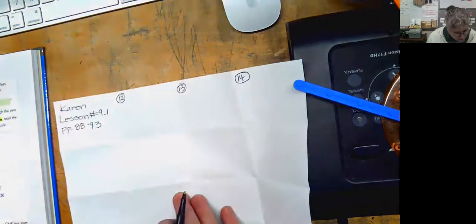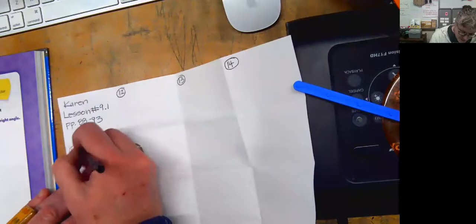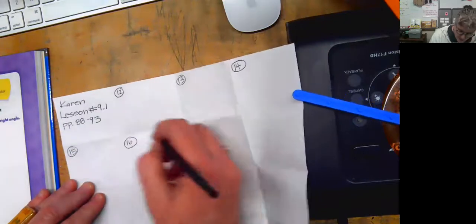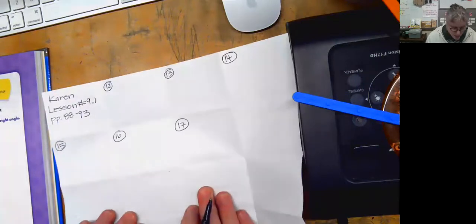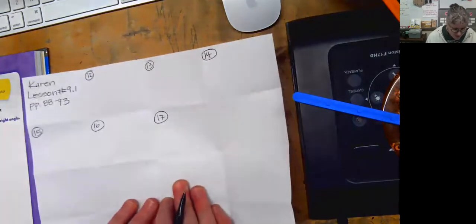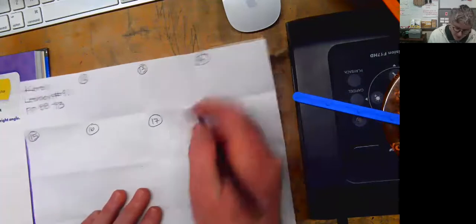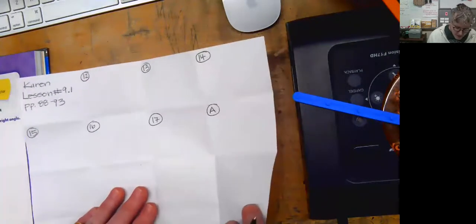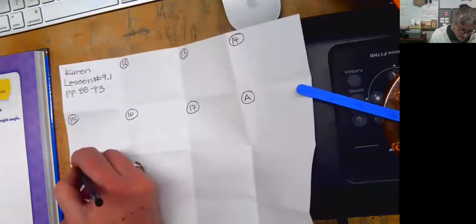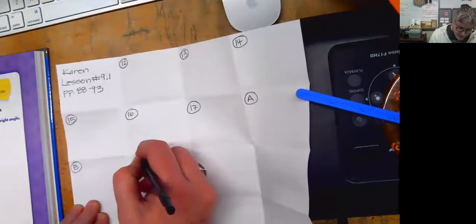And then on the next page, we're gonna do 15, 16, 17. And then we have 4 angles on page 91. So we'll call them A, B, C, and D.